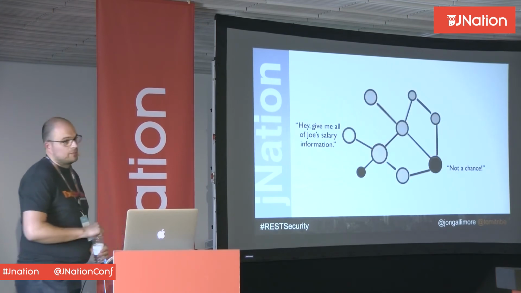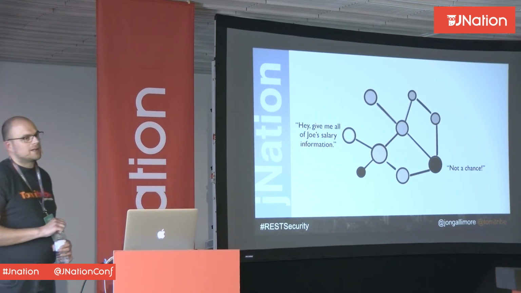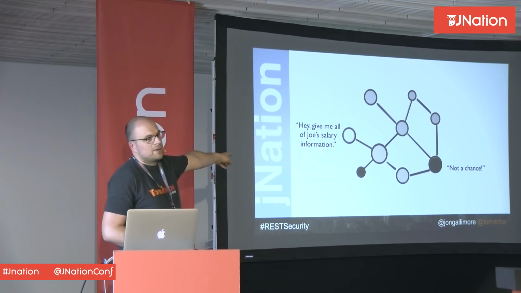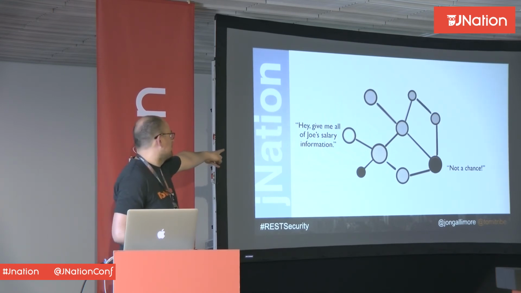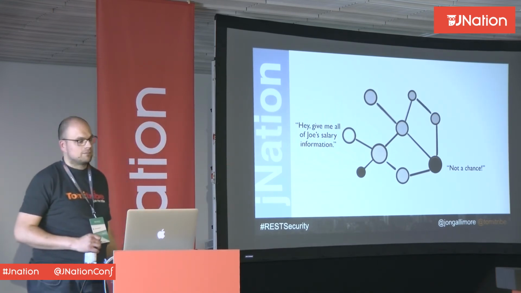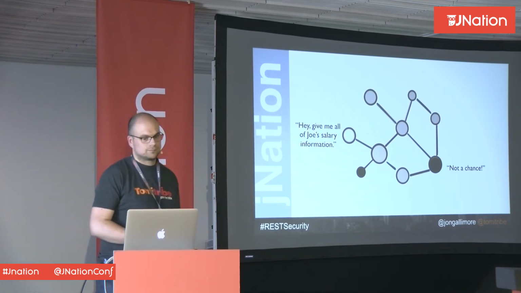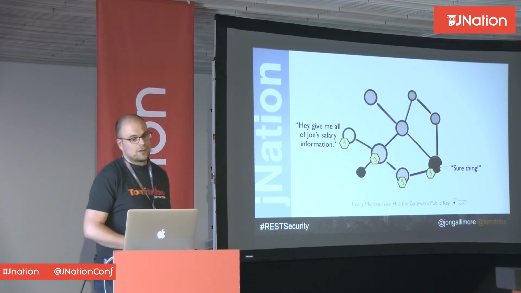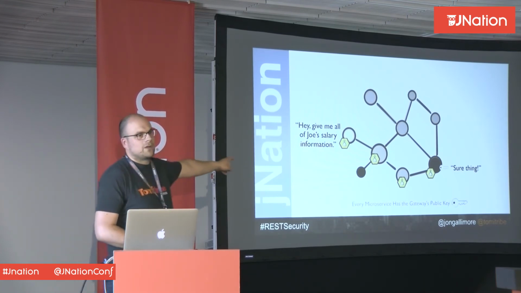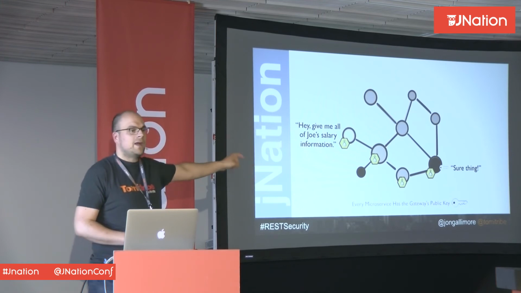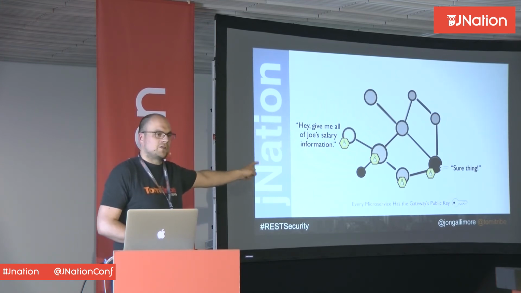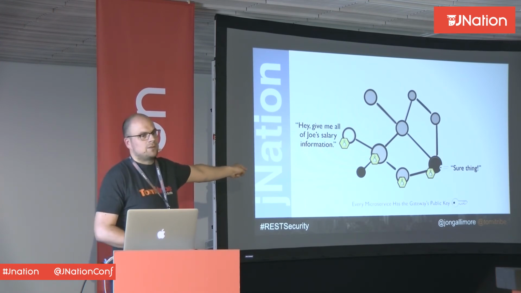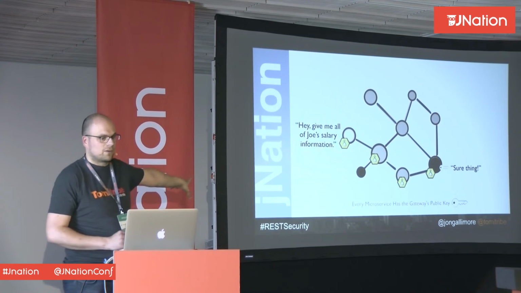Now on the back end, if we're not propagating the token through, we can say, hey, you didn't pass a token. So when you say, hey, give me all of Joe's salary information, not a chance, no way. If we pass the token through, and each one of these microservices has the public key, they are also able to validate and check that token using just memory and CPU, and not have to go off and call anything.